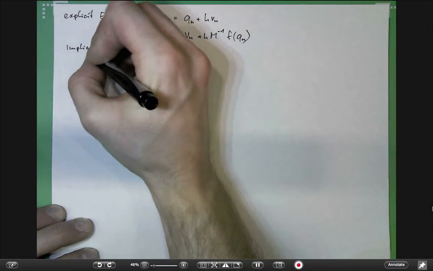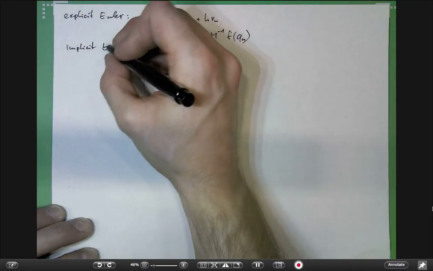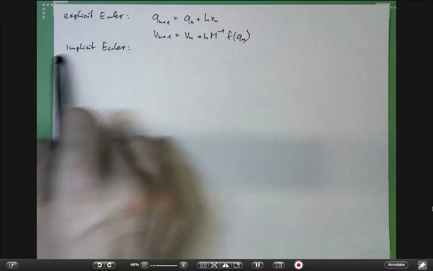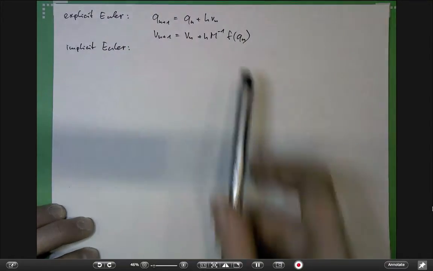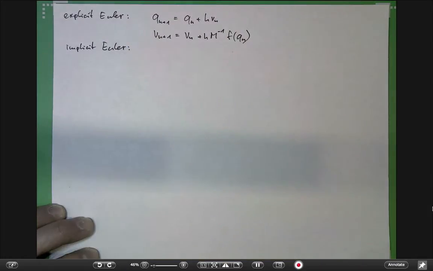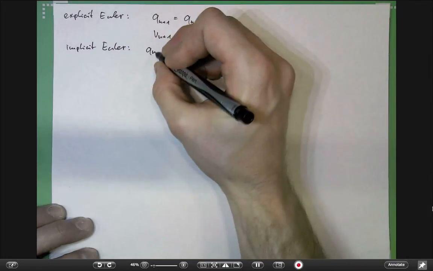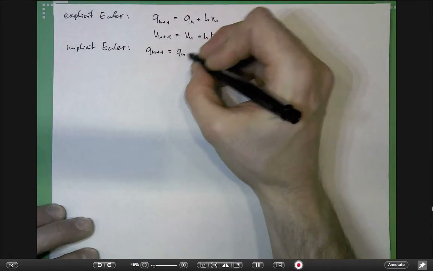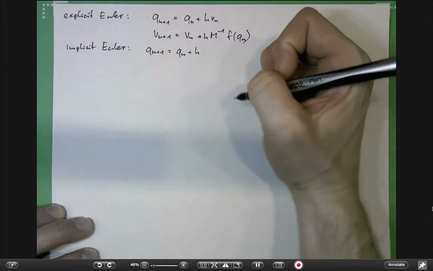The solution to this problem is implicit Euler, or backward Euler. Sometimes this is called the forward Euler, and this is the backward Euler. Forward because that just means we directly move forward. And the backward one uses these formulas. Qn plus 1 is Qn plus h times, what is here? You tell me.